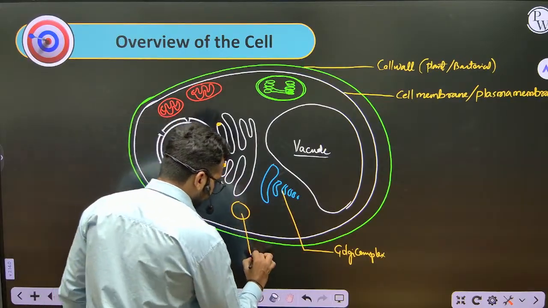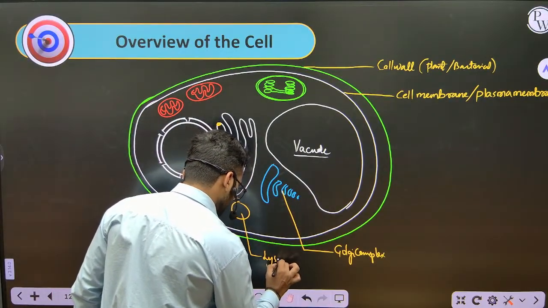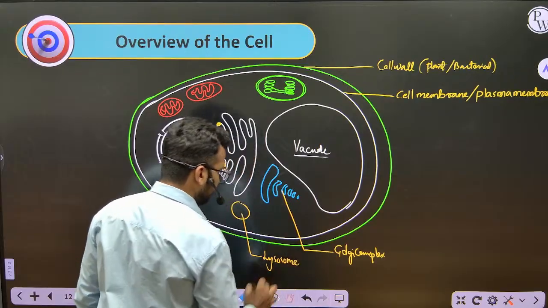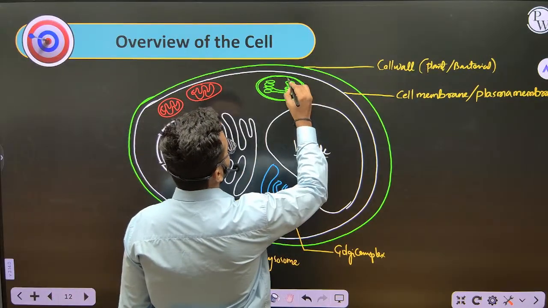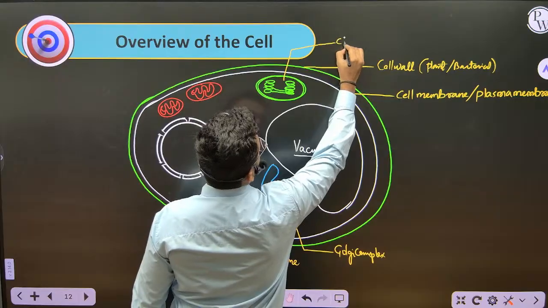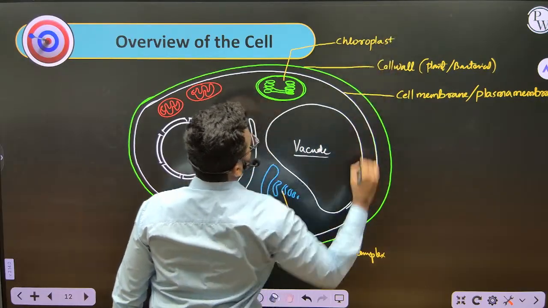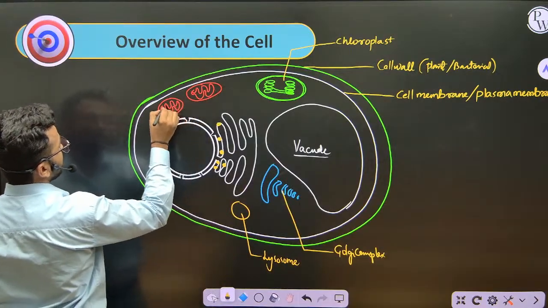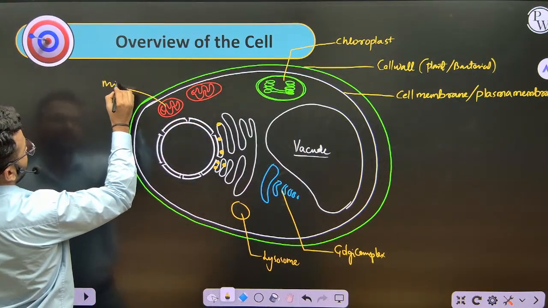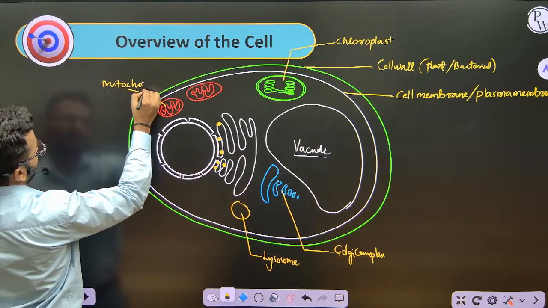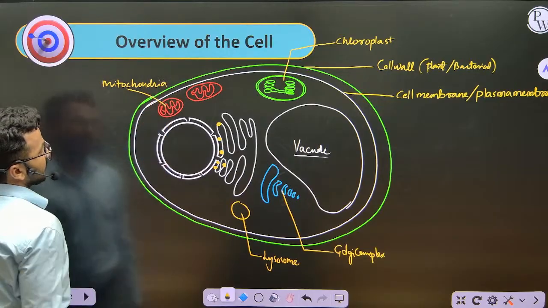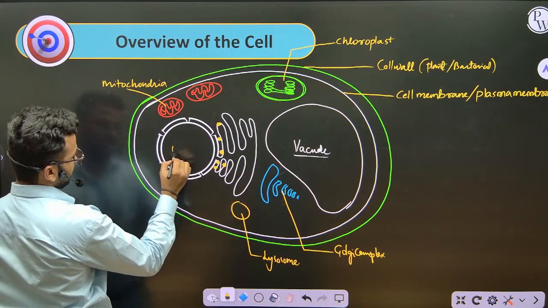Next it is lysosome, and this one is chloroplast, and this one is mitochondria, and this one is nucleus.